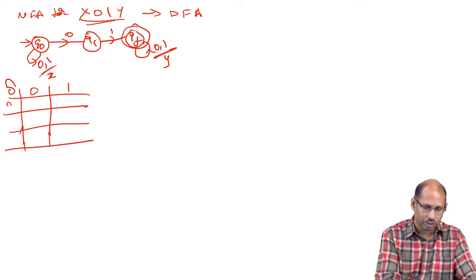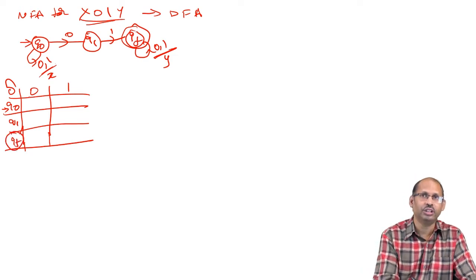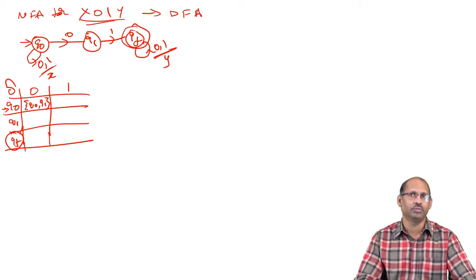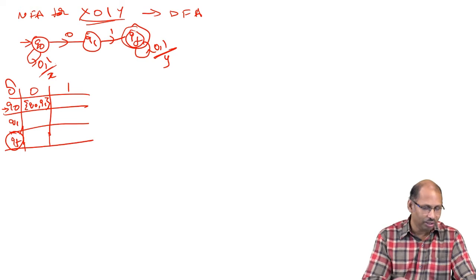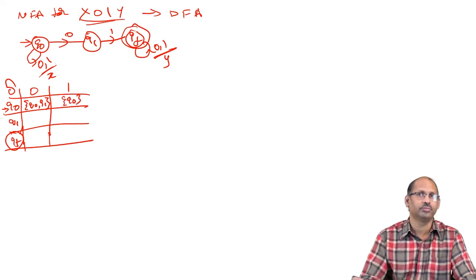Q0 is the initial state, Q1 is another state, and QF is the final state. Now Q0 on 0, what are the output states? Q0 on 0 is Q0, Q1. Then Q0 on 1 is only Q0.